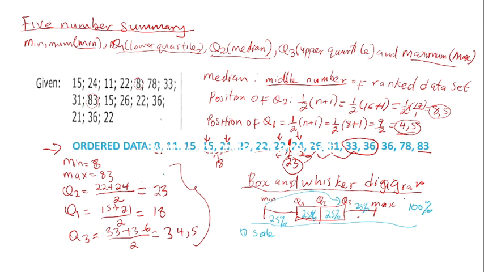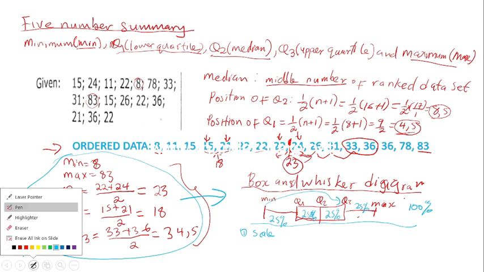Now we're going to use the same part here. This 5-number summary is the one that you can use to represent our data, and it is used to draw the box and whisker. So let's go to the next page and have this information to draw our box and whisker diagram.